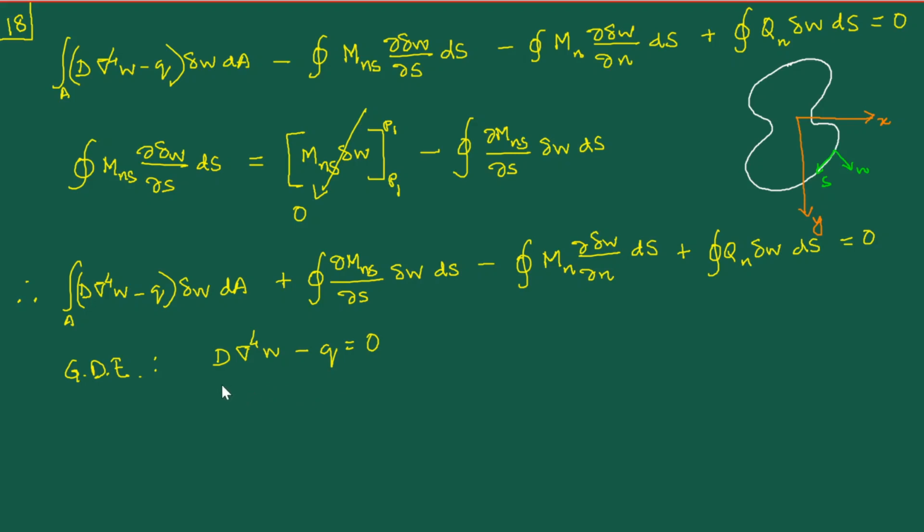The difference is that here we have this D term, which is the bending rigidity, and back there we had the EI term, which was the flexural rigidity, and this Q of course is the same thing. There we had just the fourth order derivative with respect to x, because that was a one-dimensional problem.